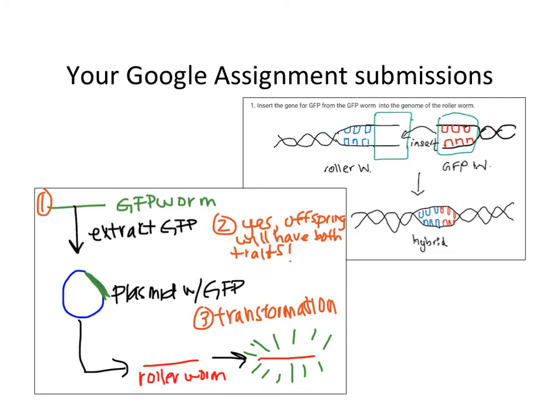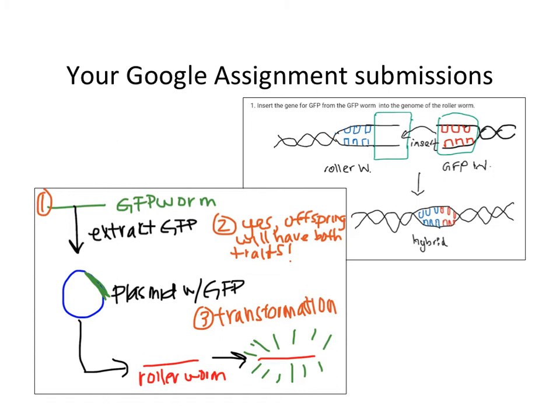We'll take the GFP gene out of one worm and inject it into the other worm. And that's how we'll get the green fluorescence into the rollers. That'd be a perfectly acceptable answer if we weren't in a chapter on transmission genetics, when we're supposed to be crossing individuals together. But that's actually how we make these sorts of combinations of phenotypes, sometimes.